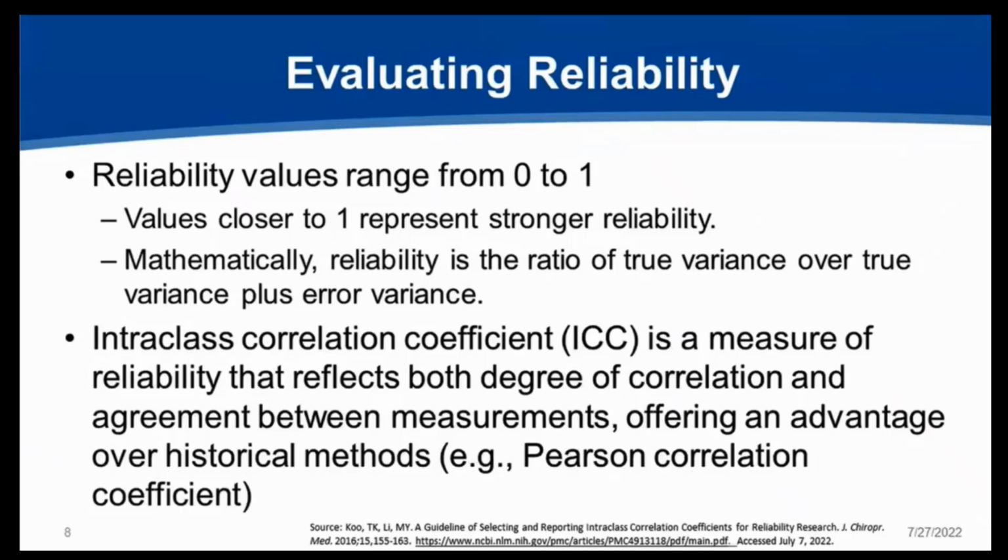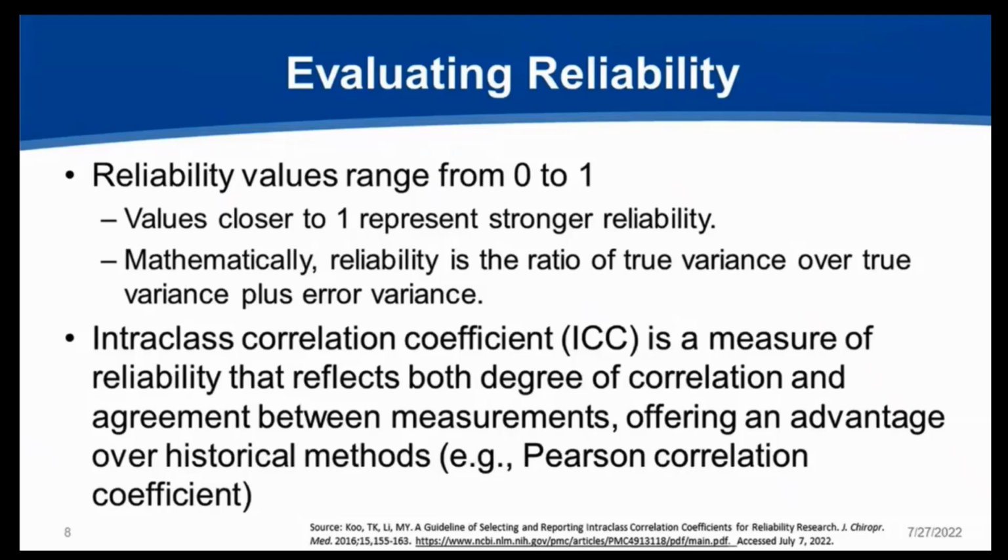So reliability values range from 0 to 1. A very unreliable measure that is completely inconsistent or very imprecise would have a value of 0, and if something is a 100% correlation, getting the same answer every single time, it would have a reliability value of 1.